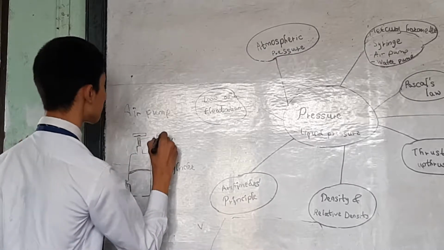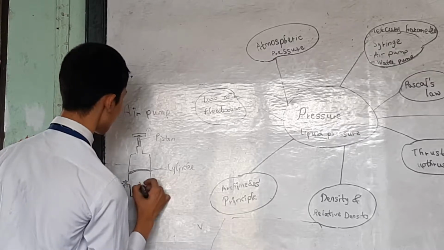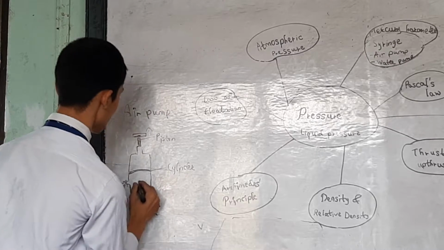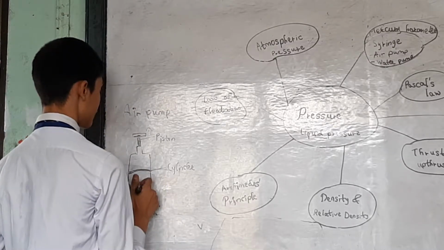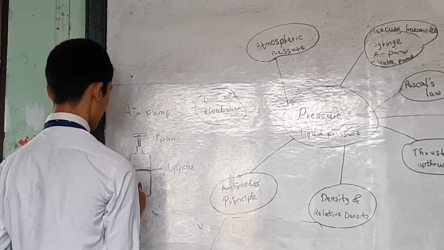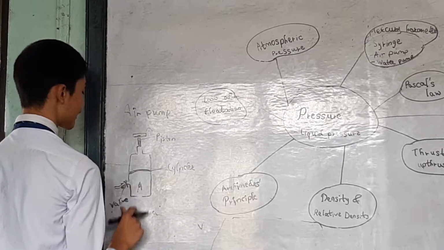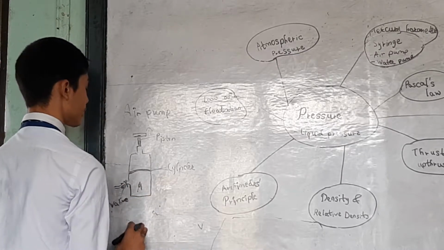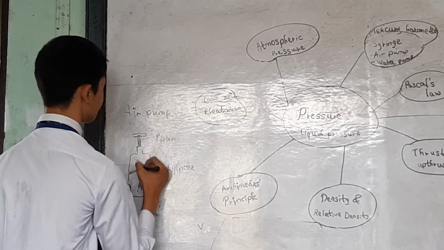When the piston is pulled upwards, the volume of part A increases, by which less atmospheric pressure is gained by part A. At this time, the valve of the bicycle's wheel is closed, which blocks the passage of air flowing from A to B.